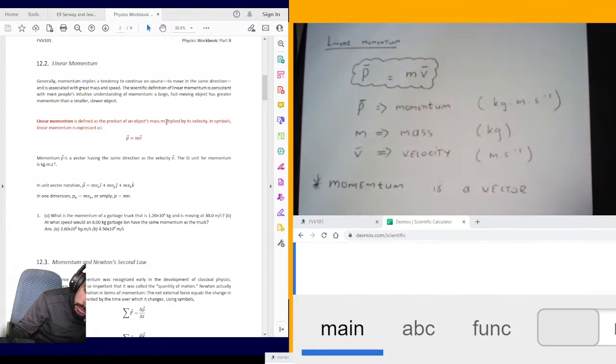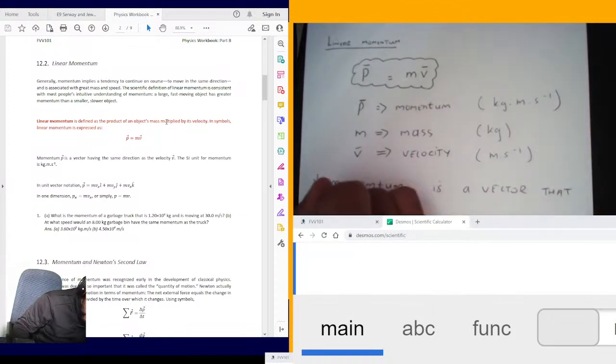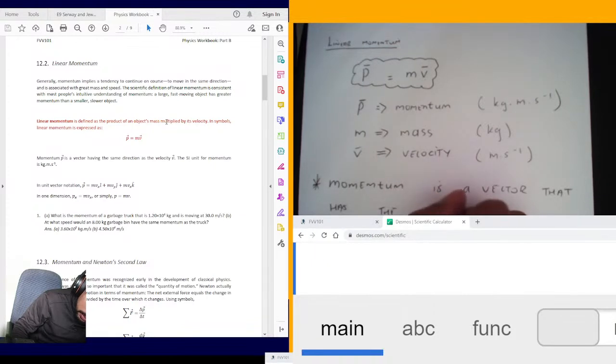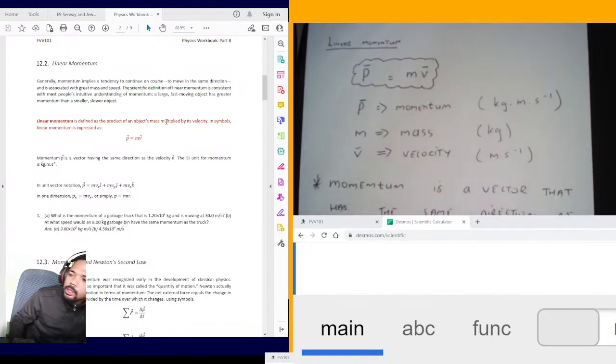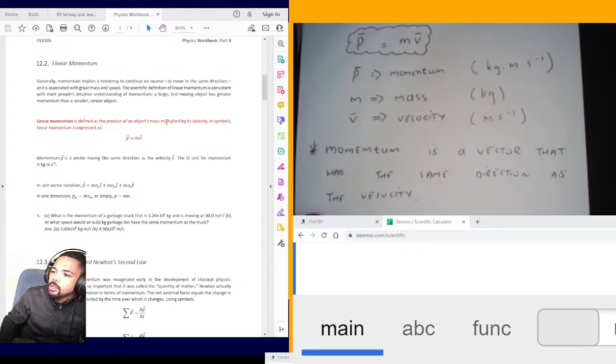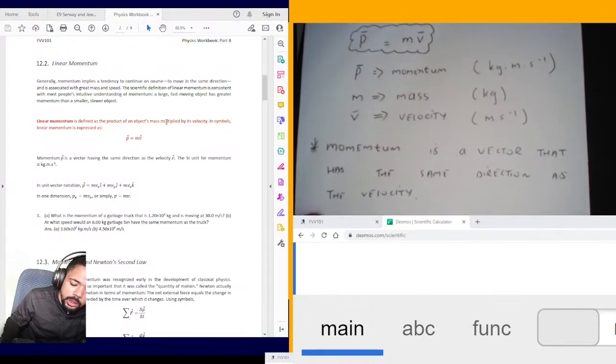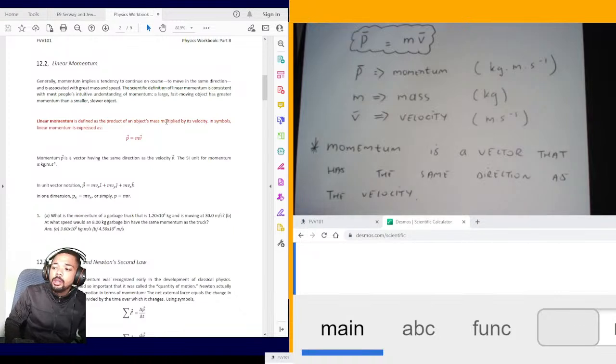But here's the extra added part: it has the same direction as the velocity. So the momentum of an object is in the same direction as that object's velocity.